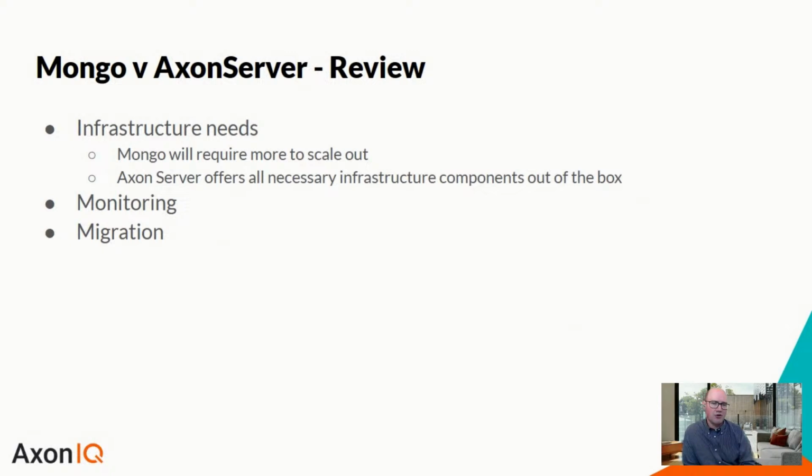Monitoring, I'm not going to review it too much here because we've got some good slides, but suffice to say, Axon Server being purpose-built for an event store, you're going to get event store type monitoring available out of the box with it. MongoDB, you're not going to get it from a database perspective. You're going to have to go down to the application and only the application to get that.